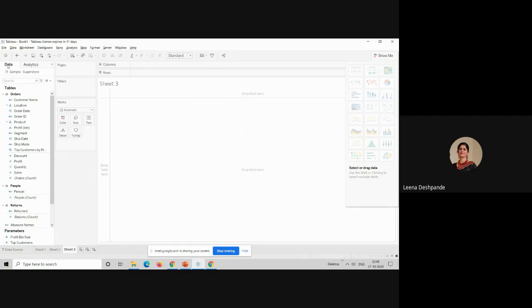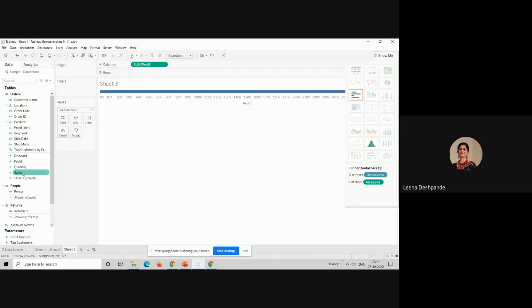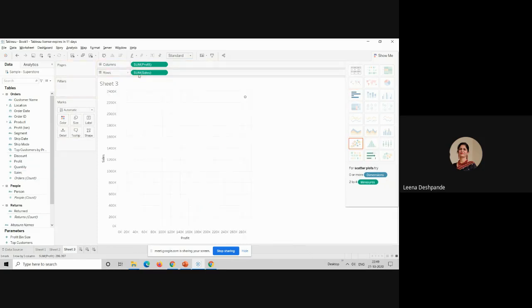For this type of data, again, we have the sales data. We will take profit and sales as two dimensions. We'll take profit as one parameter and sales as another parameter. It has taken profit on the x-axis and sales on the y-axis.